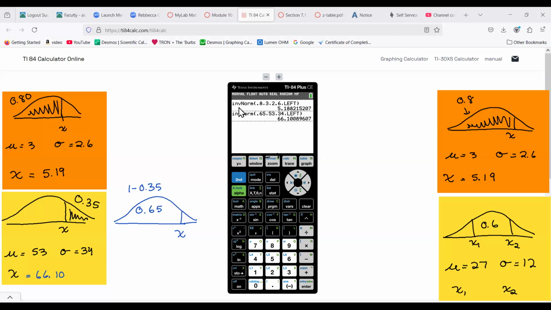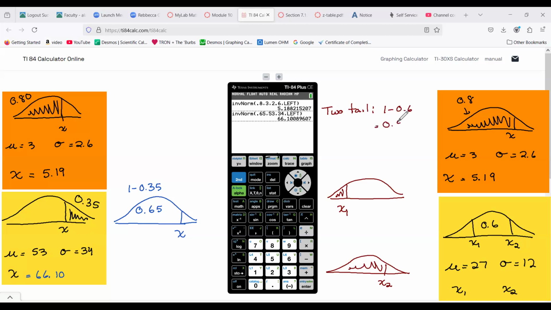Then for my very last one here, we're looking at 60% in the center. So we need to figure out what area is to the left of X1, and what area is to the left of X2. If we're taking out that 60% in the center, the two tails combined are going to be 1 minus 0.6.